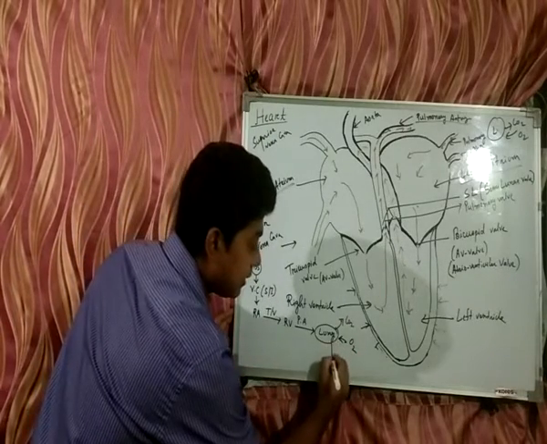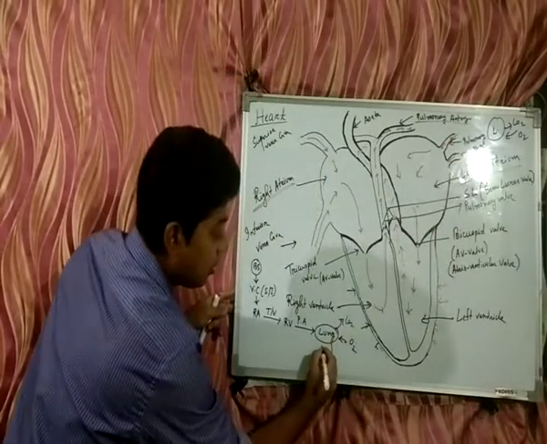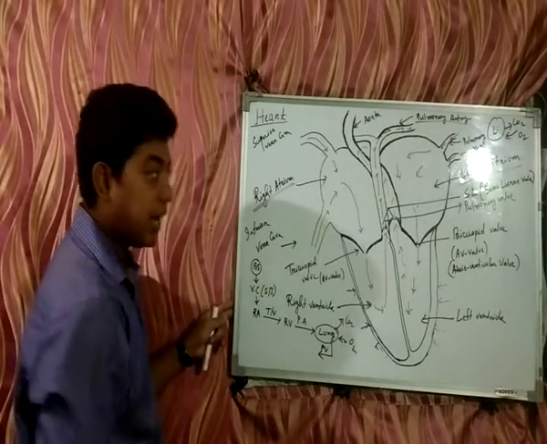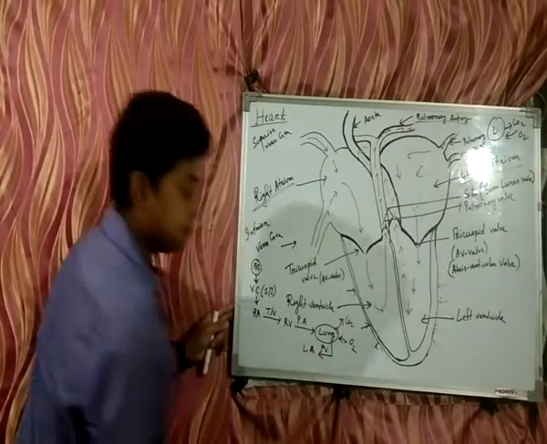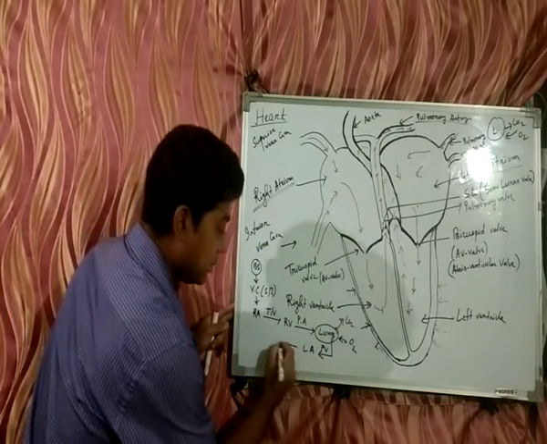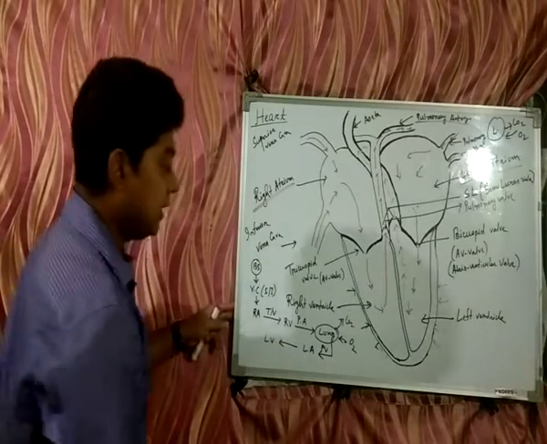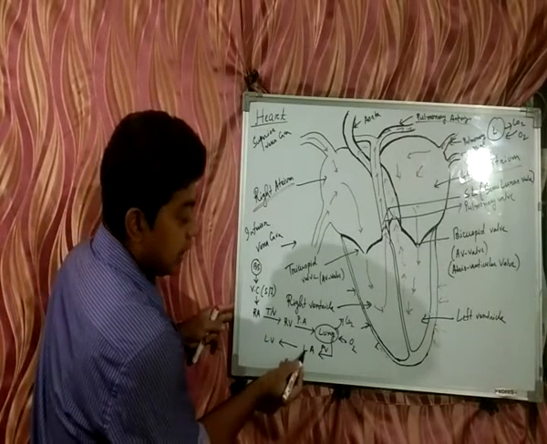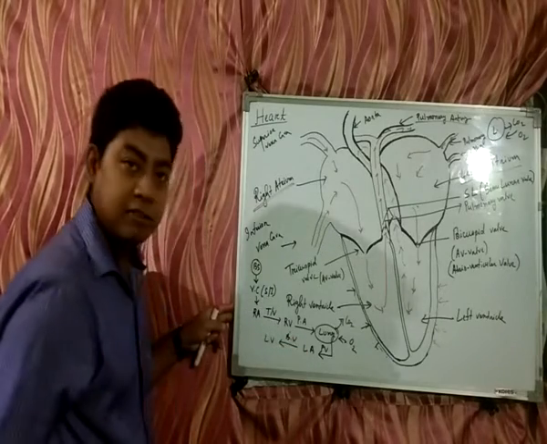That blood is carried through the pulmonary vein, to where? To the left atrium, then to the left ventricle, and between the left atrium and left ventricle this bicuspid valve is present.